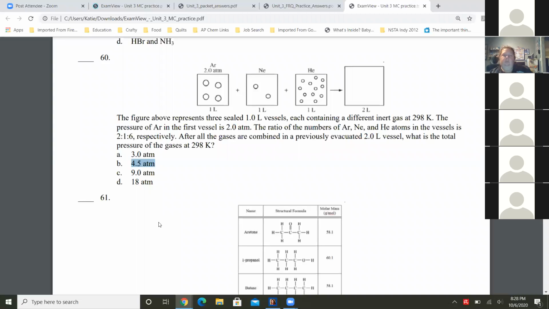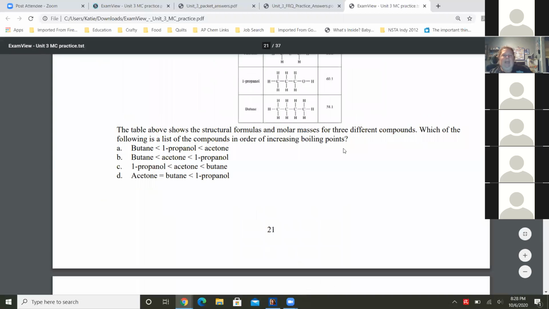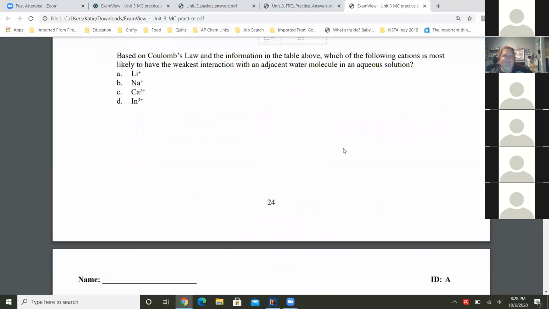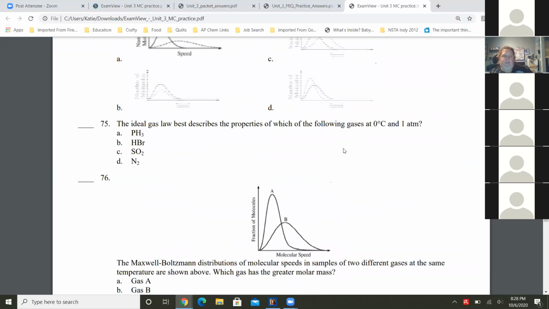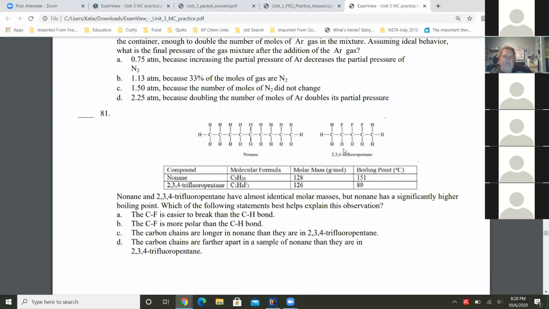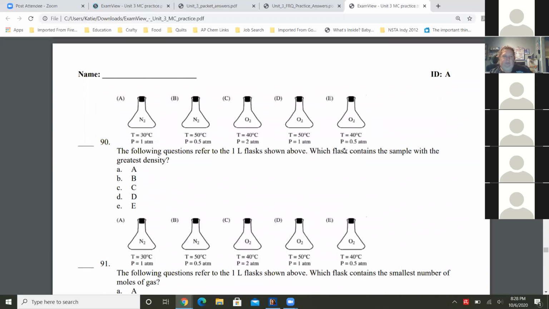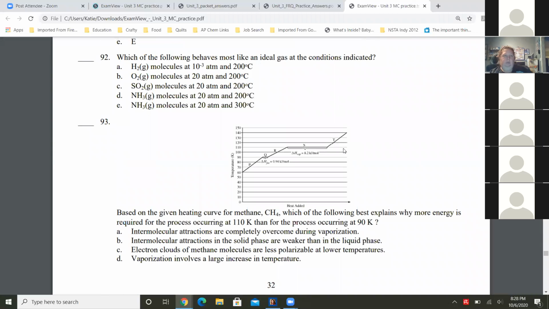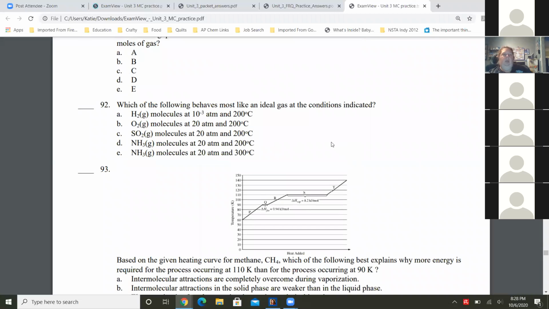Could you please go over number 92? So this goes back to what we were talking about a little bit earlier about what makes things behave either ideally or non-ideally.